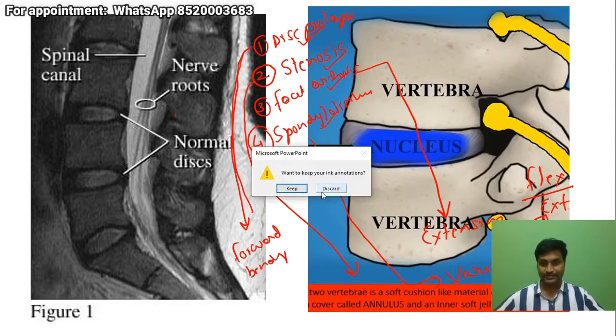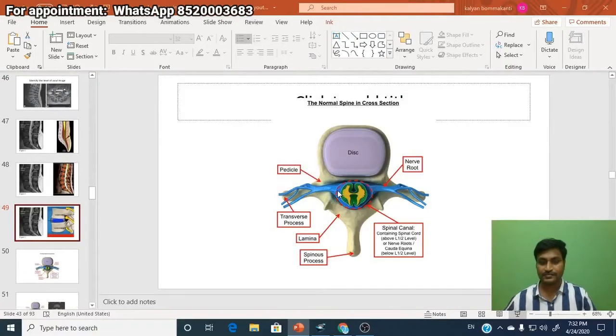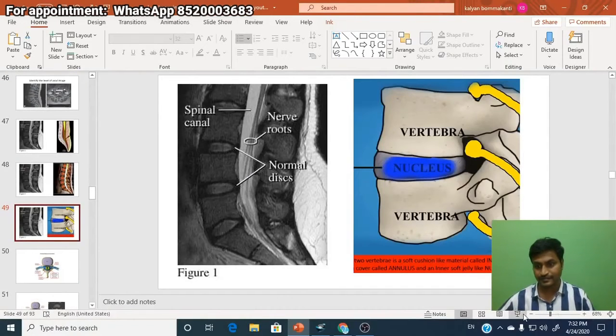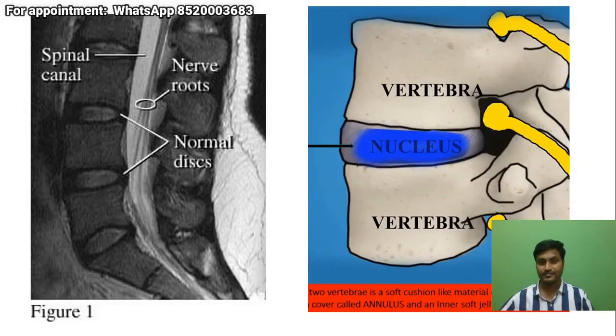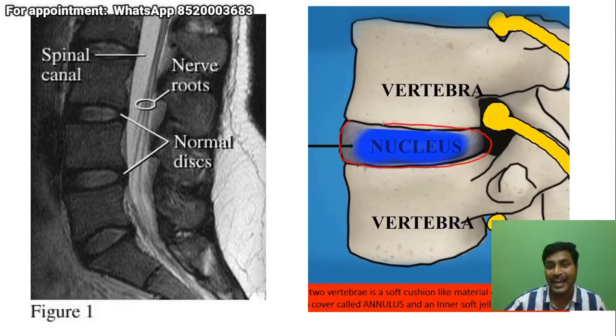Now coming to the disc, we'll go to independent disc. So this is the disc. The disc has two components.